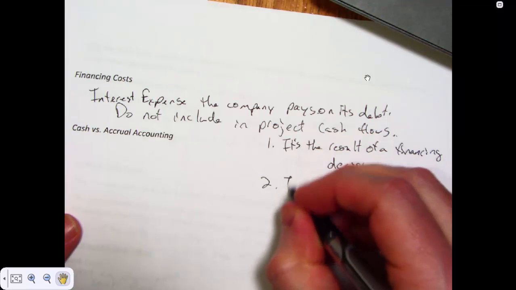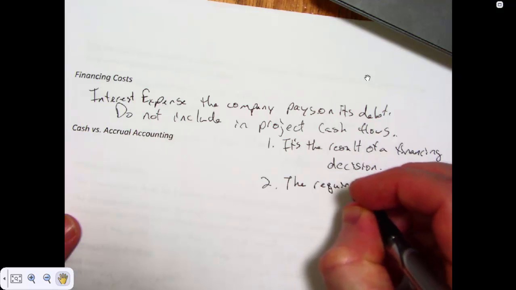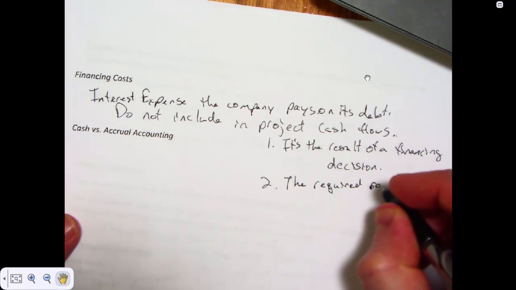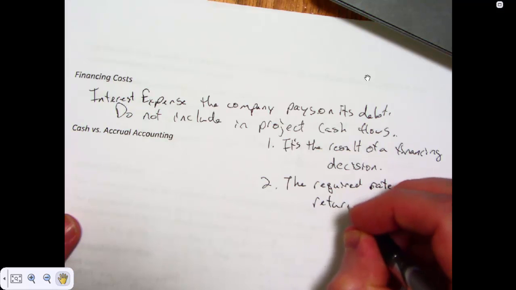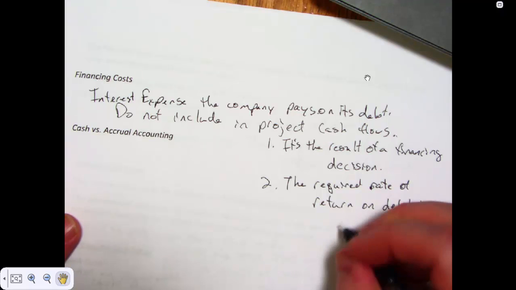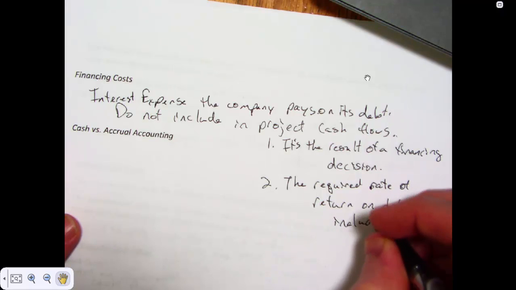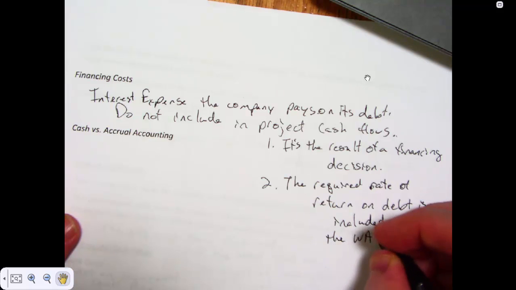So the cost of debt, or the required rate of return on debt, is included in the weighted average cost of capital.